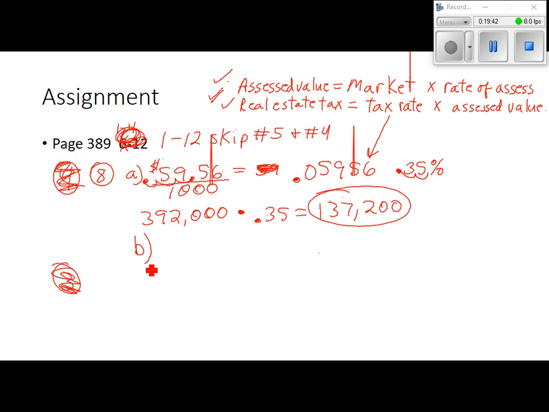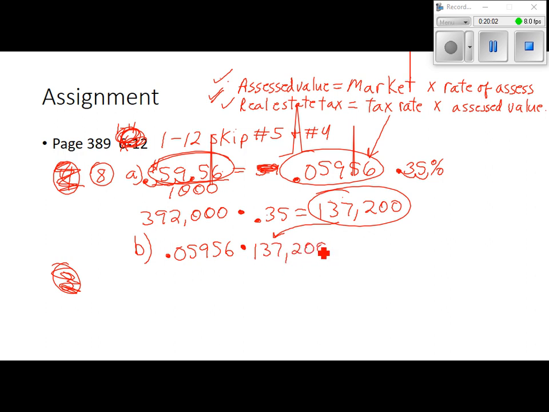Then to get part B, you take the tax rate, which is this number, but we want it as a decimal in mills there. So we take 0.05956 and we times it by this answer that we got right here, which is 137,200. And I already have that number on my calculator, so I just hit times 0.05956, and I end up with 1,871.632.